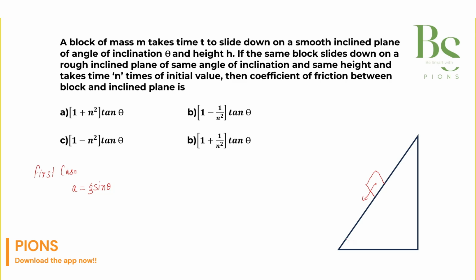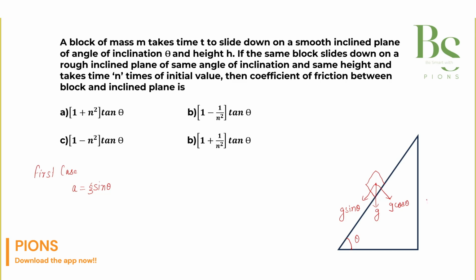Where theta is this angle. g, acceleration due to gravity, is downward, so we can split the components of g. One will be g cos theta here, and here it will be g sine theta. This is acceleration downward, and this is responsible for the block to go down, clear?